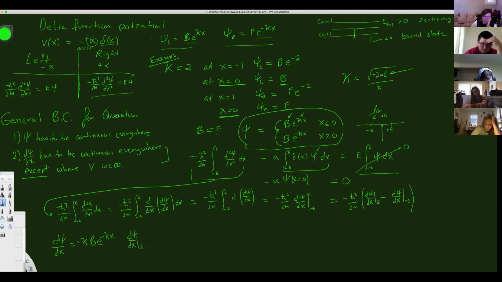At positive epsilon, I put epsilon in for x, so minus kappa b e to the minus kappa epsilon. Now we do the other one. d psi dx for x less than 0 is kappa b e to the kappa x.